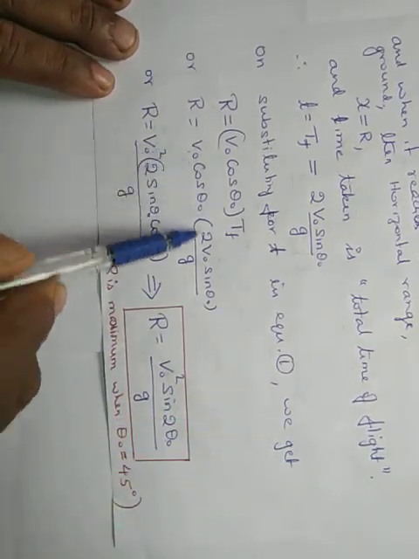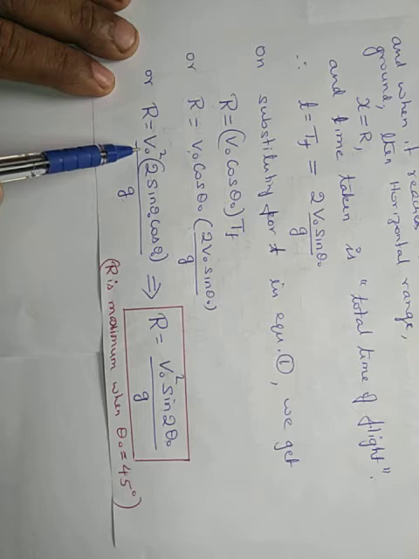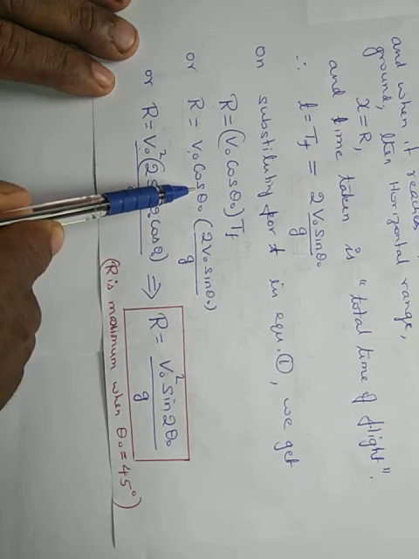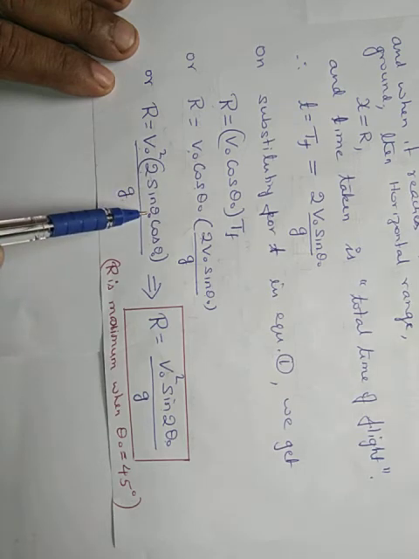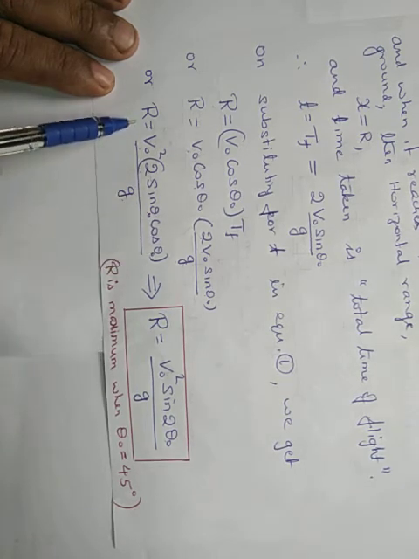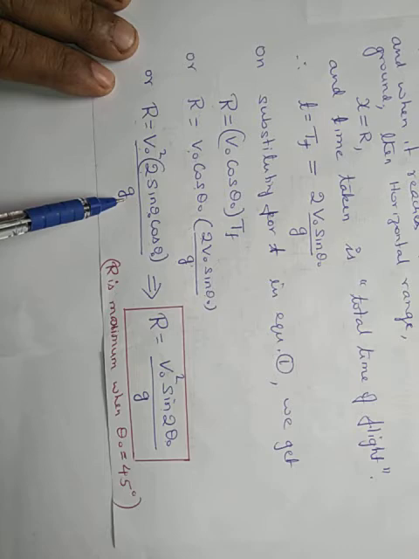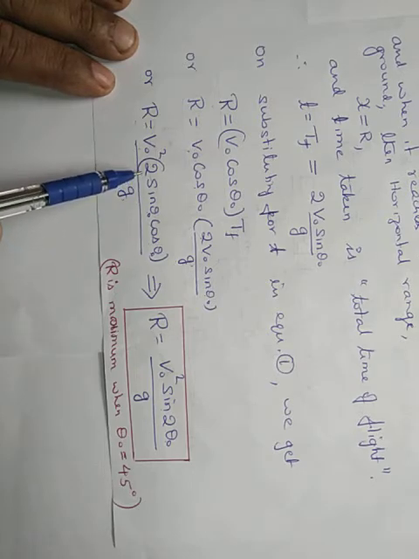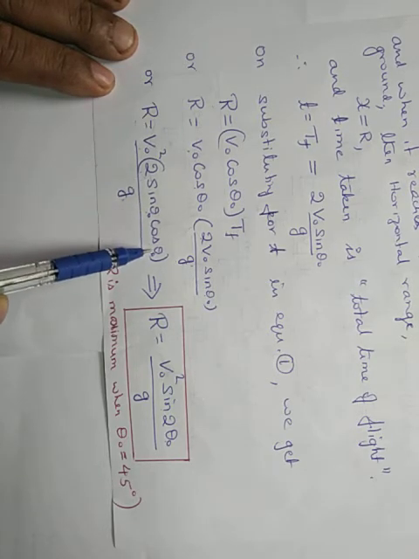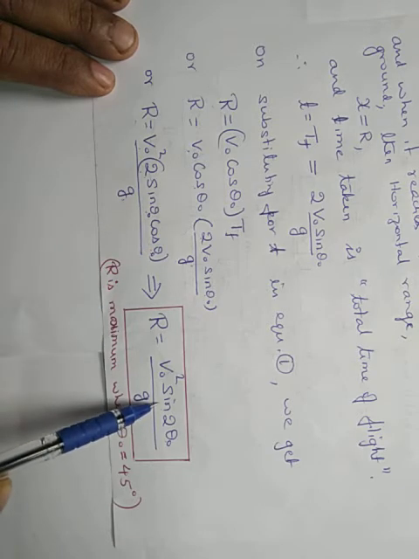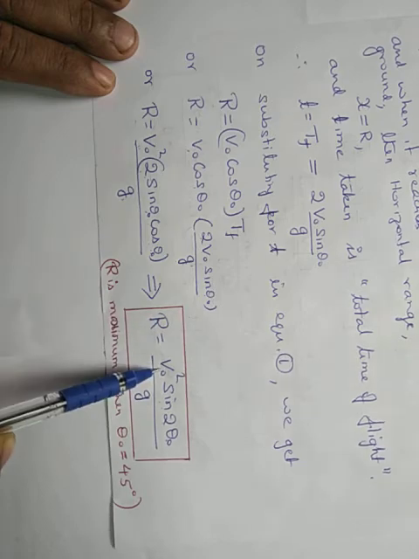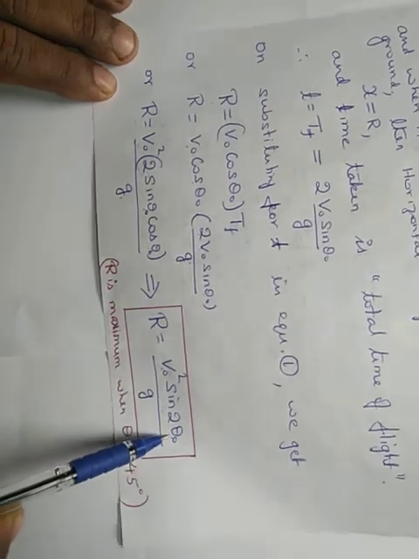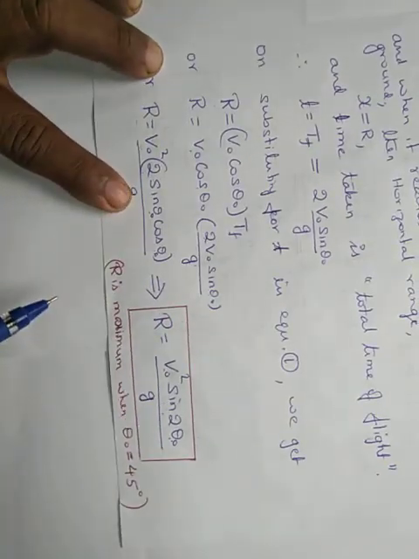V naught into V naught, you will get V naught square. You can write cos theta naught into 2 sin theta naught as 2 sin theta naught into cos theta naught, whole by g. Using the trigonometry relation, we can write 2 sin theta naught cos theta naught as sin 2 theta naught. So you will get V naught square into sin 2 theta naught by g.